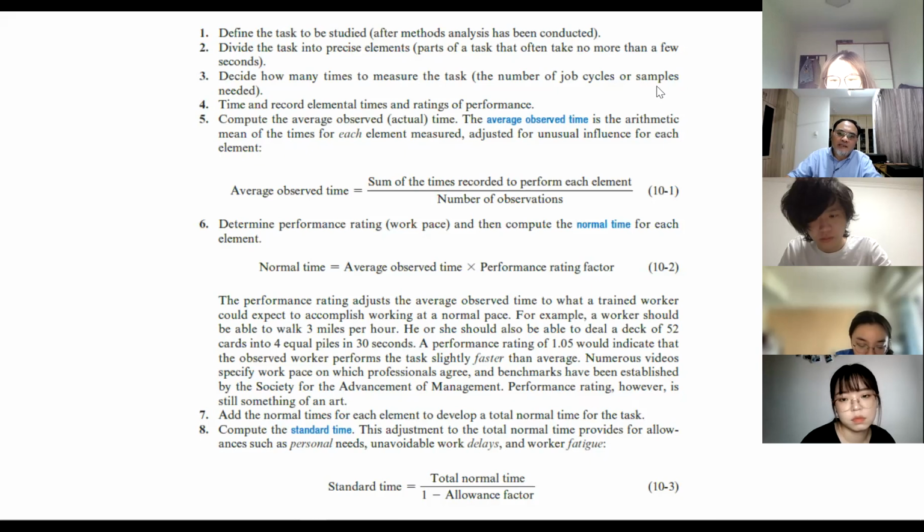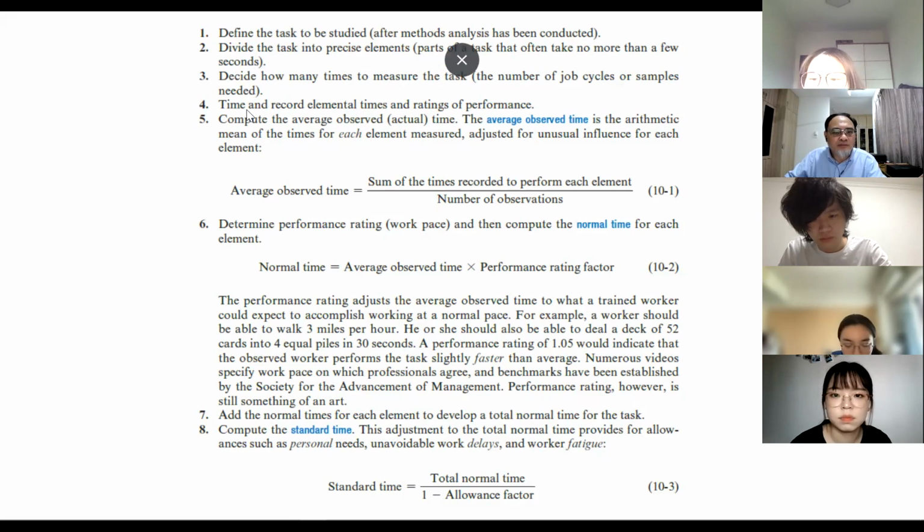Why do you need to take the samples needed? Because you want to ensure accuracy. In a scientific study, you need to have accuracy, so you need to calculate a sufficient sample size. This is the planning: 1, 2, 3, define, divide the task, decide how many times. Then only you start the actual timing and recording of the elemental times.